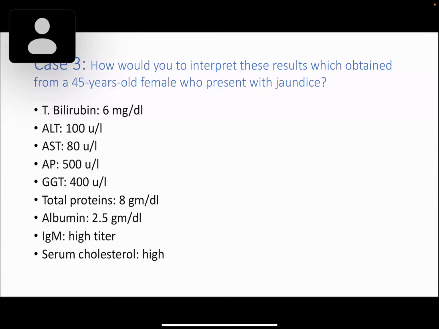She has a cholestatic pattern on her liver function test, evident by high elevation in alkaline phosphatase and GGT. And also, this lady has a high IgM. This is typically seen in primary biliary cholangitis. And also, she has high serum cholesterol.